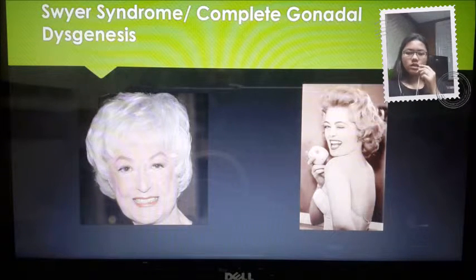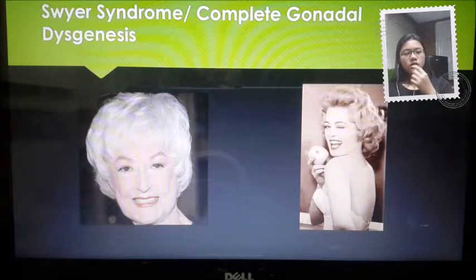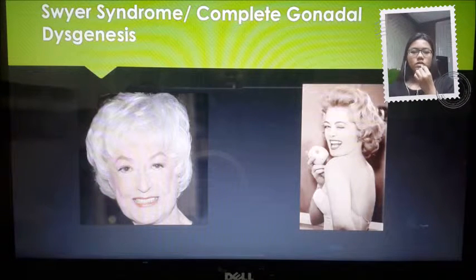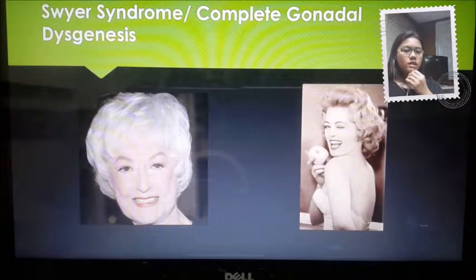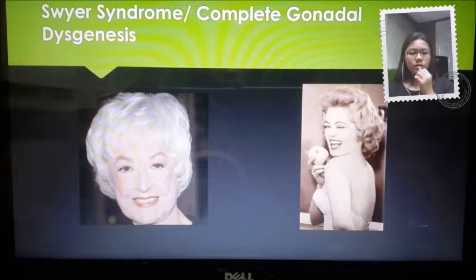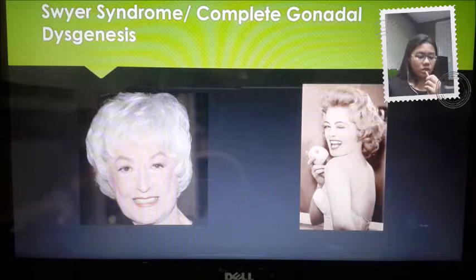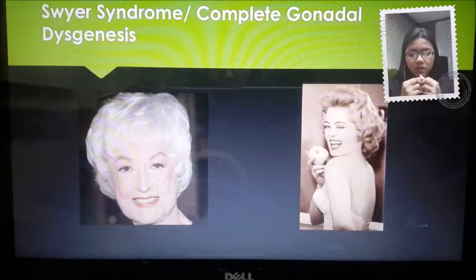As you can see, the face is of a male, it looks like a man, but the whole physical appearance of the person is of a female. This condition affects the sexual development of a person. Mutations in the SRY gene are responsible for this syndrome.